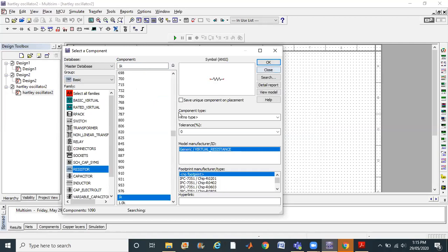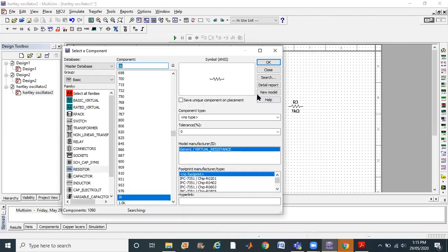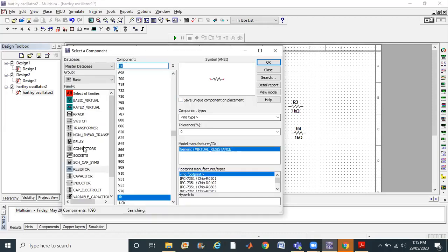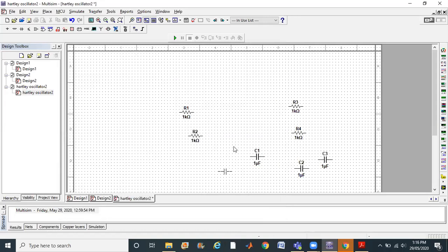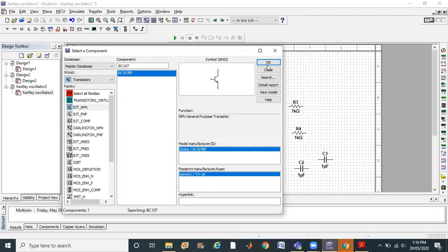I need 4 resistors, then 4 capacitors, then inductors, and 1 transistor, that is BC107BP, which I will place here.